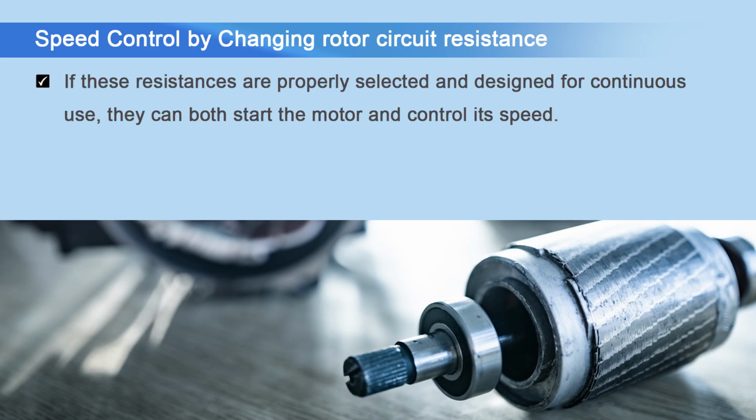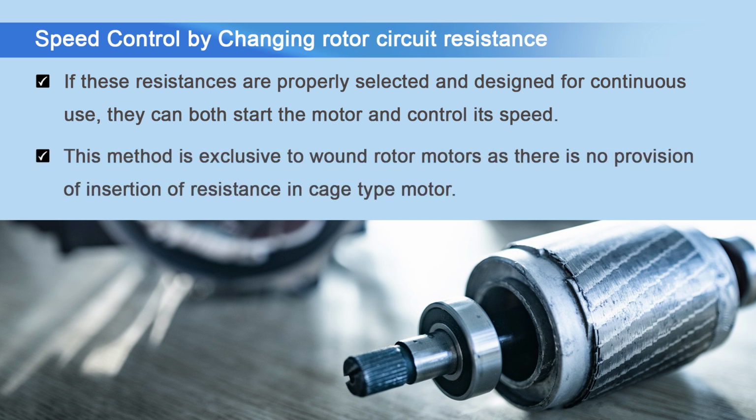If the resistances are properly selected and designed for continuous use, they can be used for both starting of the motor as well as speed control of this motor. This method is exclusive to wound rotor type motor, as there is no provision of insertion of resistance in cage type motor, already we have discussed.